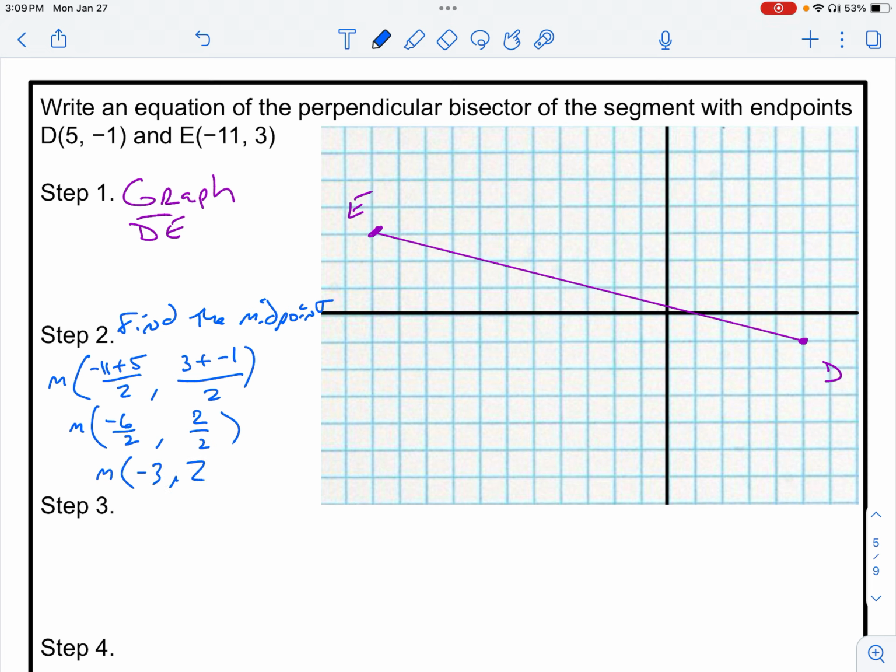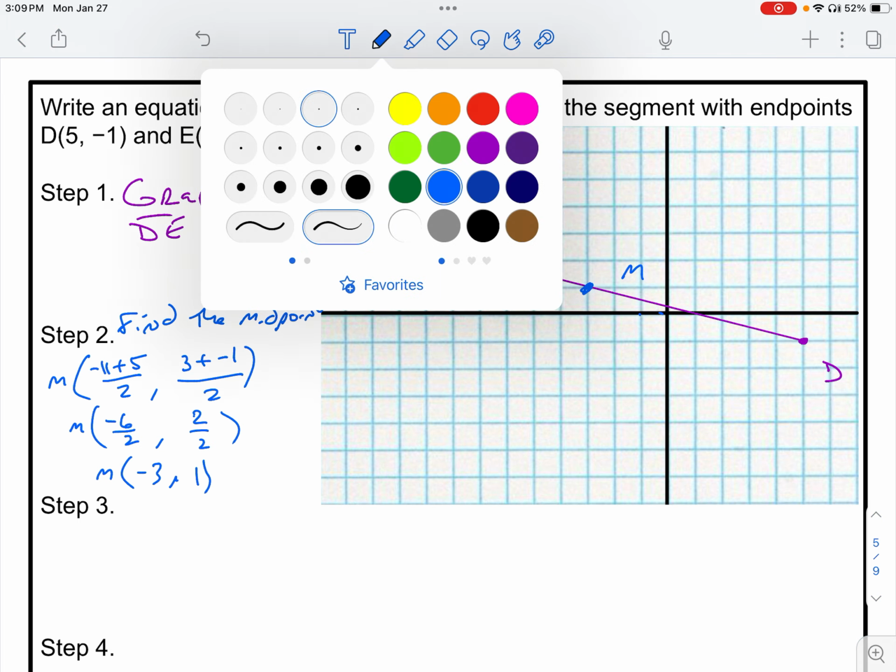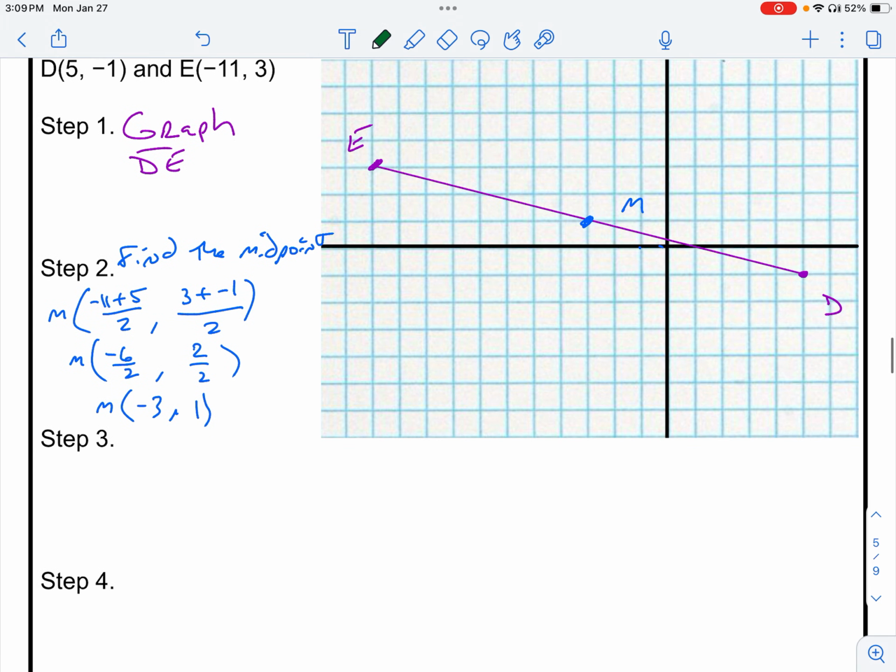It is (-3, 1). And after we have that, we can move on to find the slope.